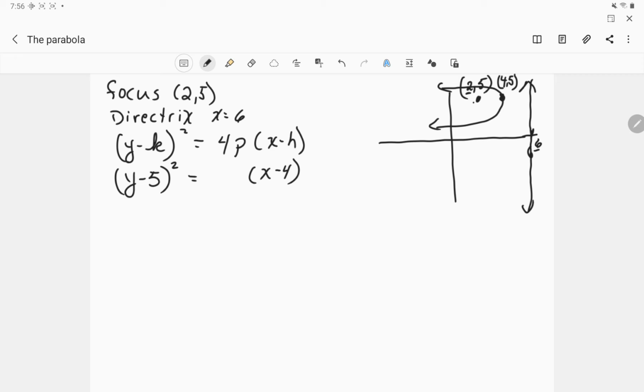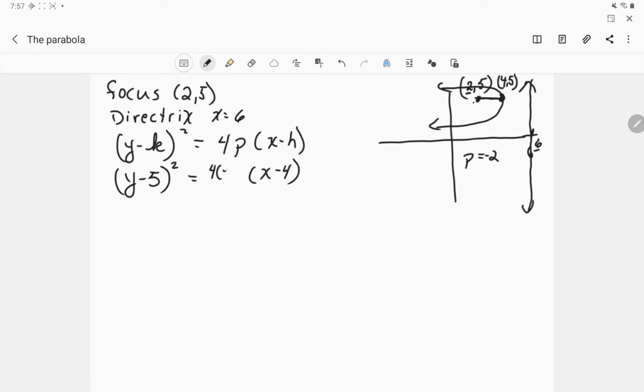Now, what is p? I had to go a distance of 2. There is a space of 2 squares in between the focus point and the vertex. Now, you always start from the vertex. I am going backwards. I'm going to the left 2. So that means my p is negative 2.